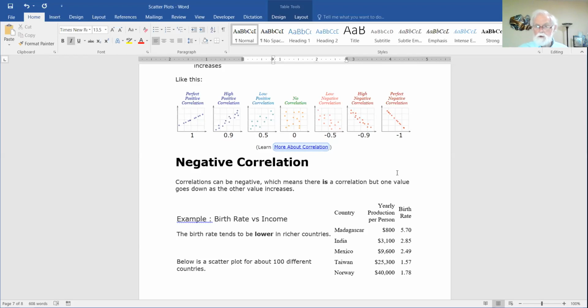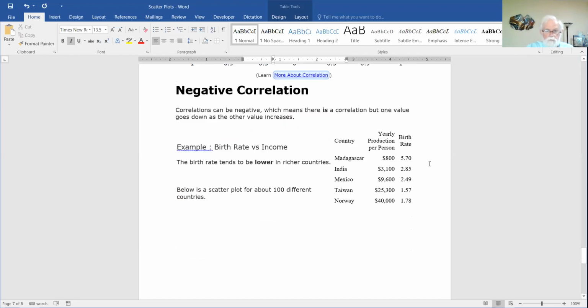There still might be some sales for people that head off down to where it's warmer and go to the beach during the winter, but not as much, okay? So we can have a low negative, a high negative, and a very nearly perfect negative correlation where everything falls directly on the line, okay?